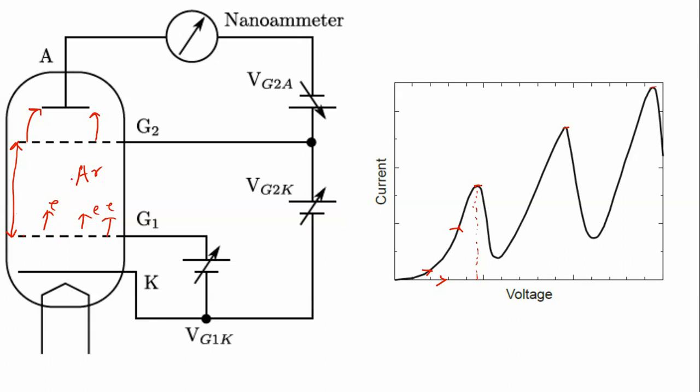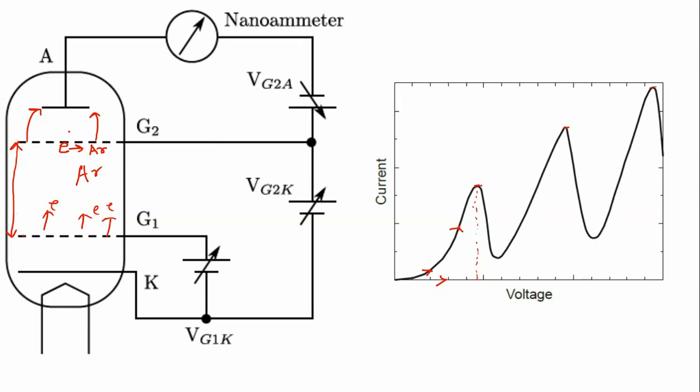Suppose the electron moves this far and here it gains that much energy that is required to bring the argon atom to its first excited state. Then it gives that energy to argon, and argon moves to the first excited state and then de-excites, and the energy can be released as a photon of the same energy.